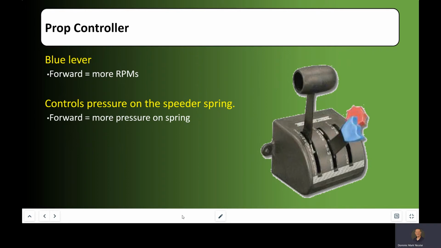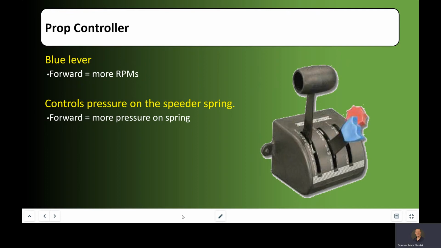And I'm going to show you the control system that you would see in most typical airplanes with a constant speed propeller system. Now your Cirrus combines the prop controller and the throttle into one single lever.